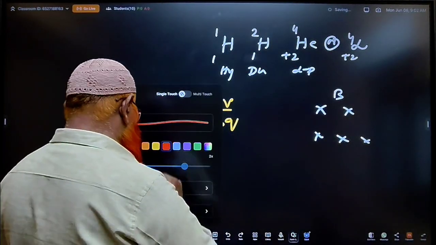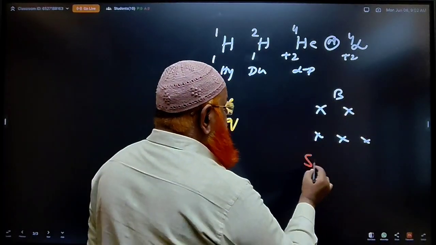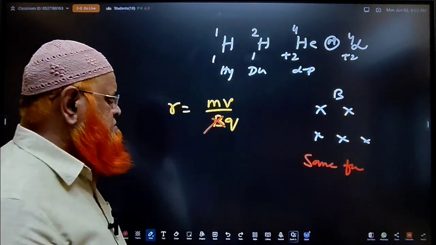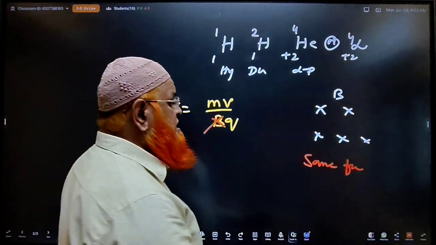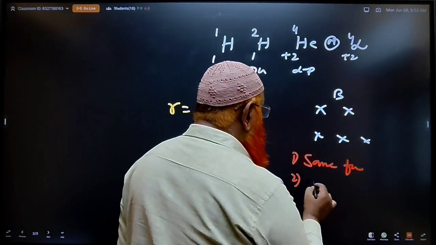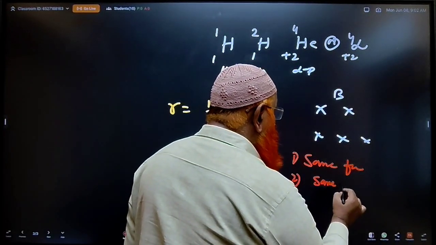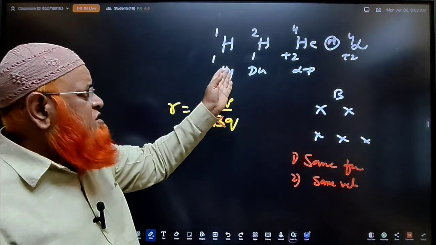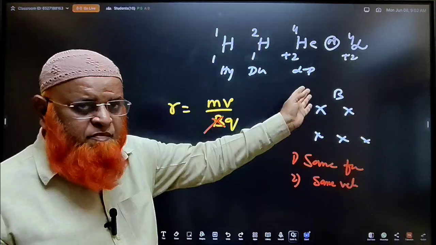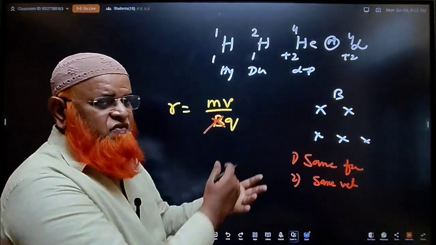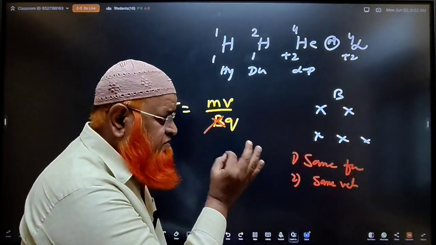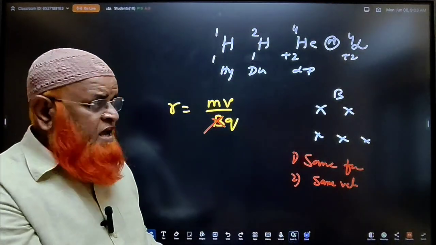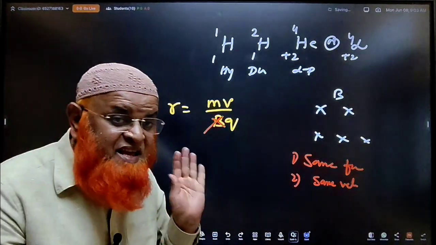Okay, so the field is the same. What are the constants here? Same field means B is constant, and the next thing he will give is that they move with the same velocity. When hydrogen, deuterium, and alpha particles enter the same magnetic field with the same velocity, what is the ratio of their radii?